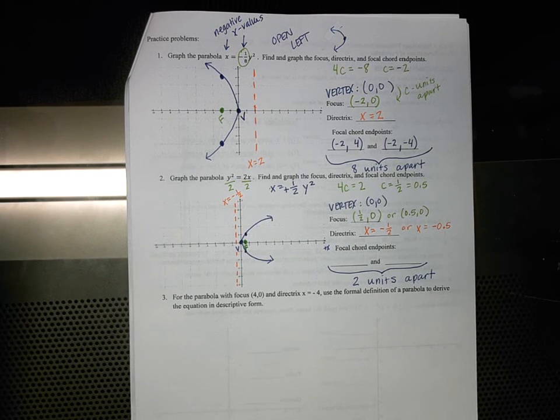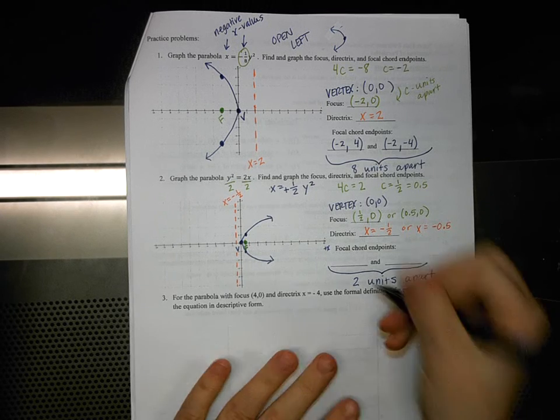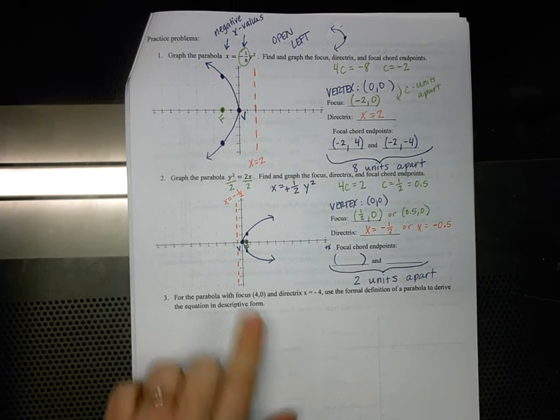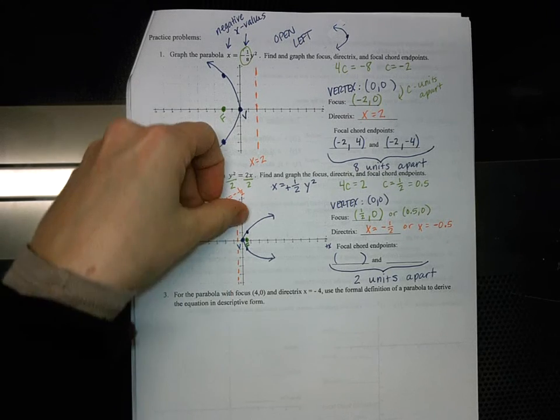Just small values, right? All right, let's write down those focal chord endpoints, and do not forget that you are not on a lattice point. So where is this point?